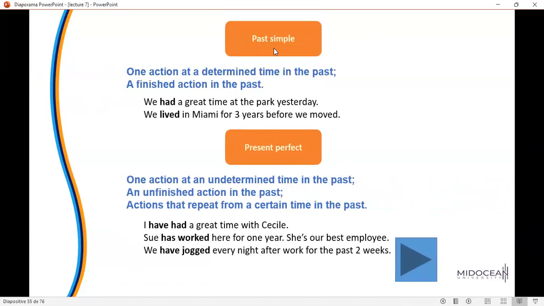Let's see the differences between the simple past and the present perfect. Donc, c'est la différence entre les deux. Past simple. So, we use the simple past, okay, when we have one action at a determinate time in the past, or we have a finished action in the past.